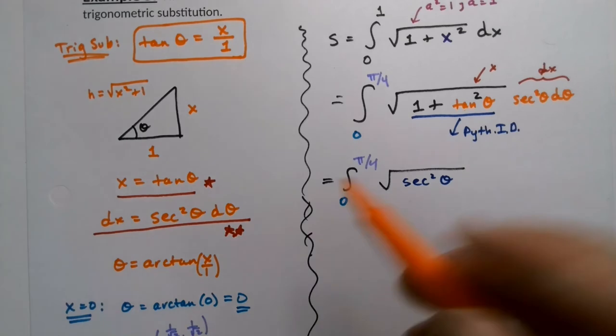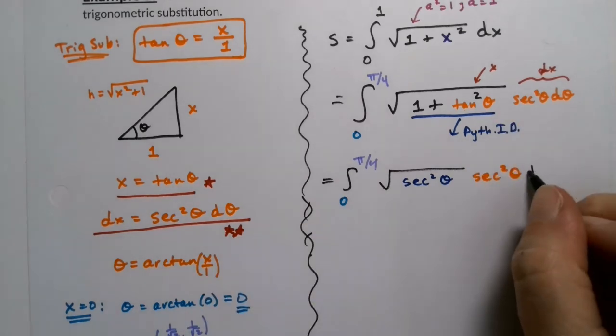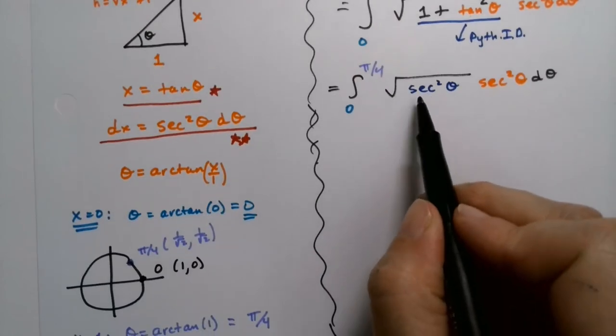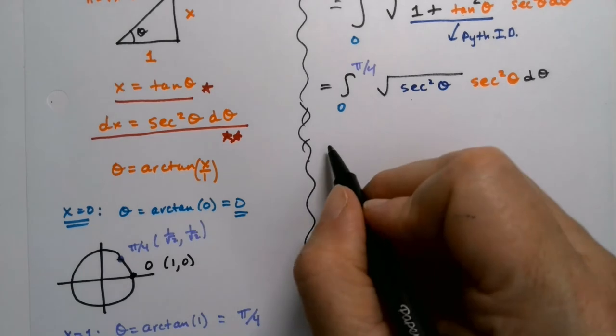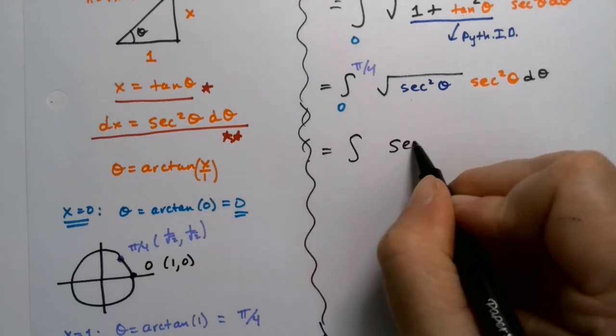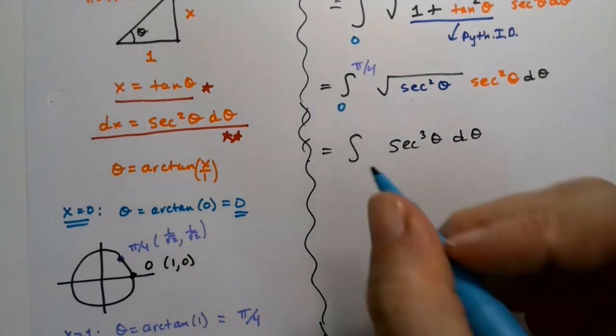And then I already have a secant squared theta sitting outside, and then I have my d theta. Okay, the square root of secant squared is secant, and secant times secant squared will be secant cubed. So this will be secant cubed theta d theta from 0 to pi over 4.